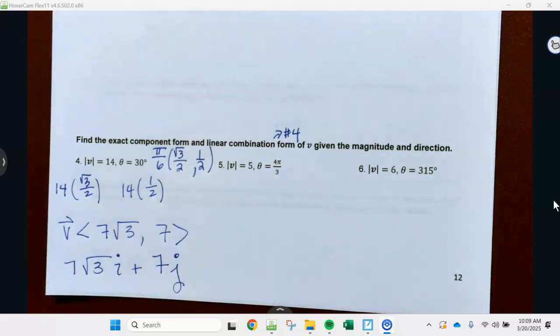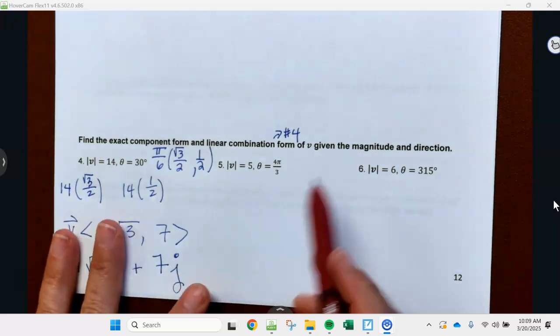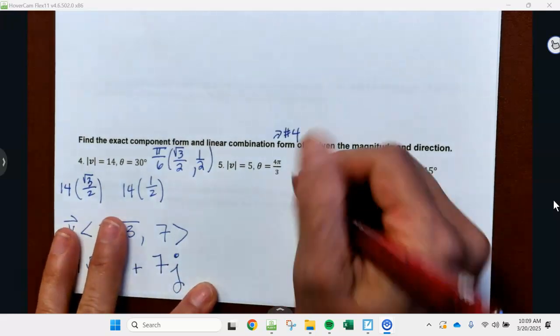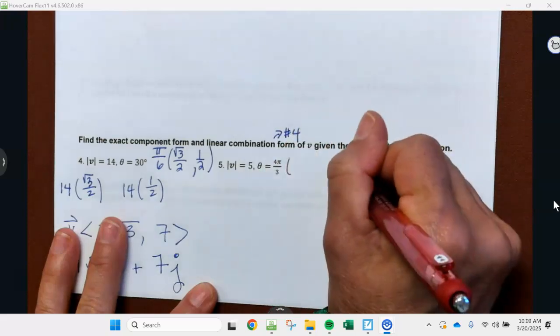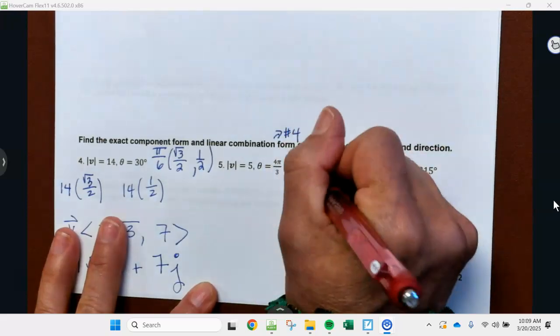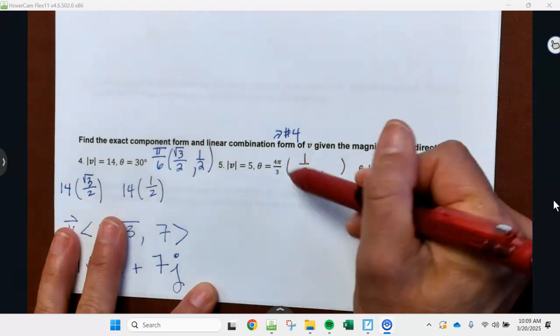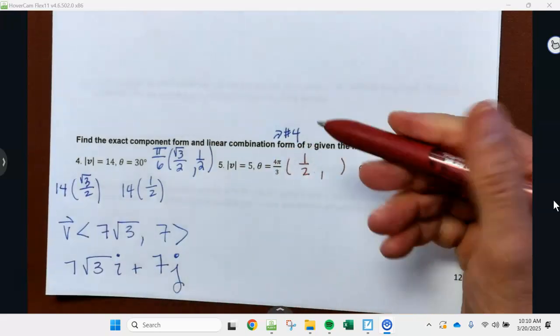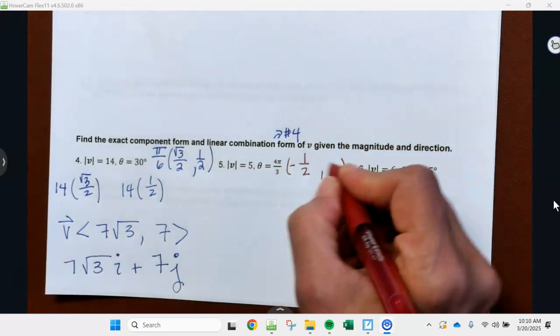All right, let's go ahead and practice a couple more times, because converting to component form is kind of a big deal. It's a big thing we need in our toolkit. 4 pi over 3. Remember, if it ends in a 3, it starts with a 1/2. However, 4 pi over 3 is in quadrant 3, so both of them are negative.